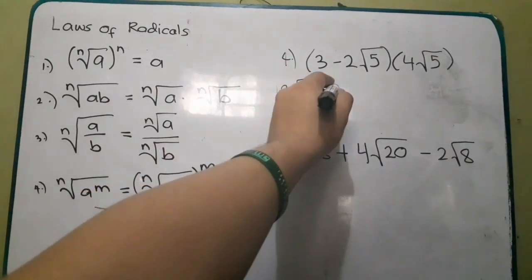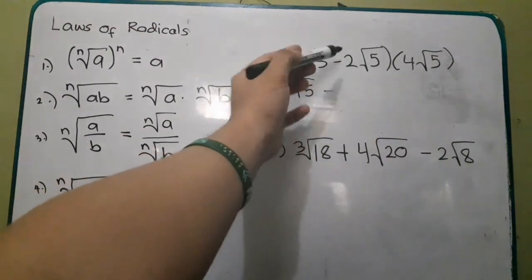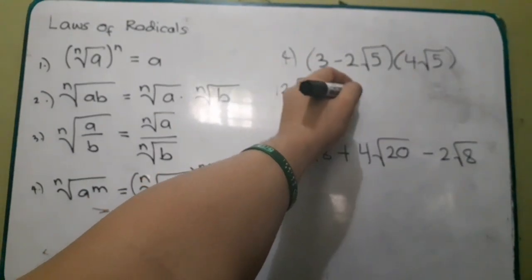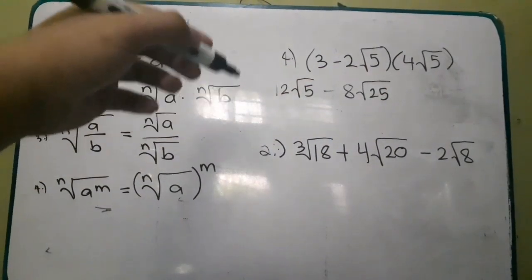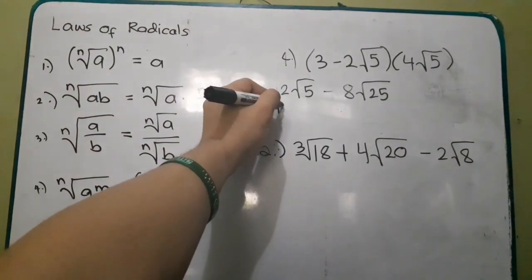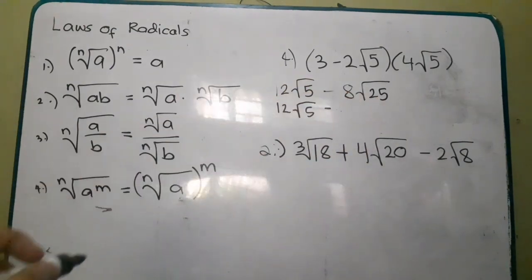And then, minus, 4 times 2, 8. And then square root of 5 times square root of 5 is square root of 25. Some students stop here, but this is not yet the simplest form. We have 12 square root of 5 minus 8 times square root of 25.